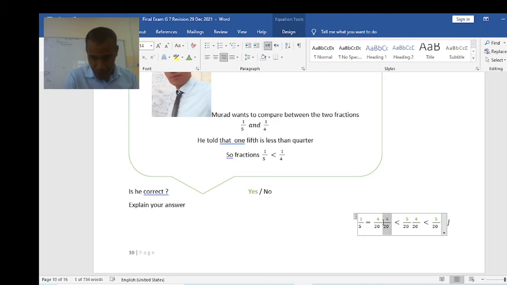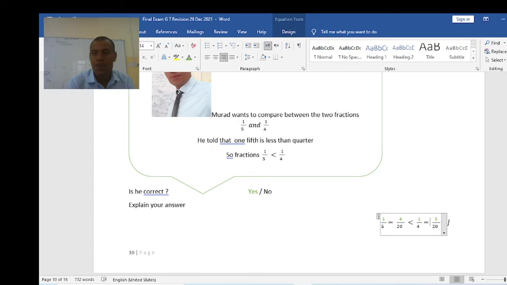I will erase this one. Is less than 1/4, which is 5, which is equal. Already written there. Okay, so this is the explanation, my learners.